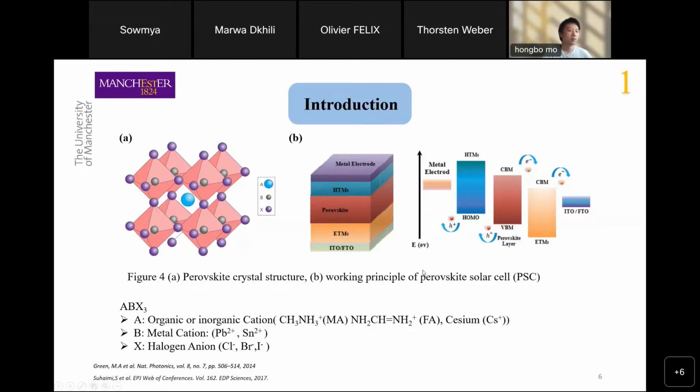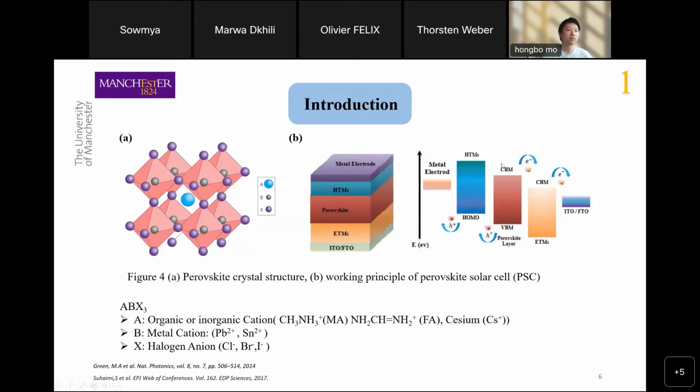As for the working process, the perovskite solar cell is a sandwich structure consisting of ITO or FTO, the electron transport layer, the perovskite material, and the hole transport layer. On the top is the metal electrode. When the perovskite material absorbs the incident light from the sun's radiation, free electron and hole pairs are generated within the perovskite material.